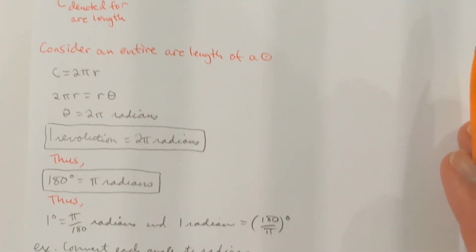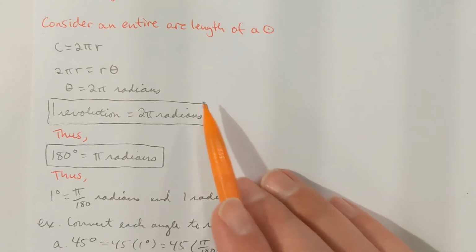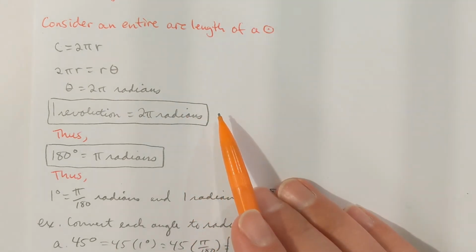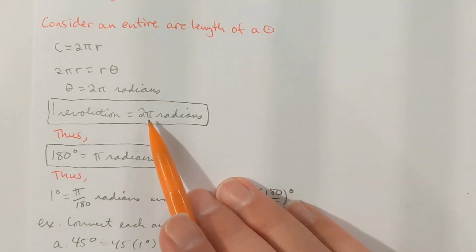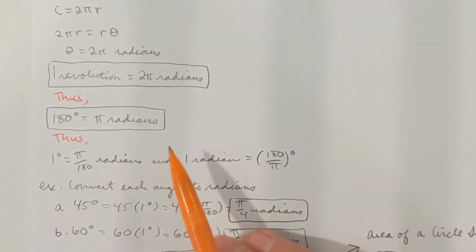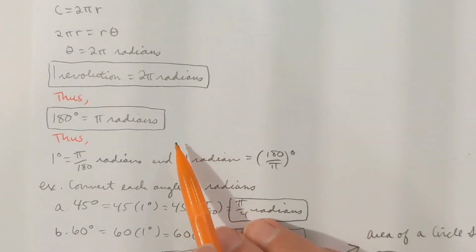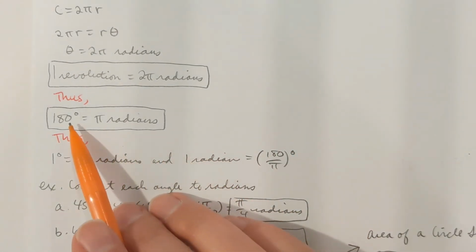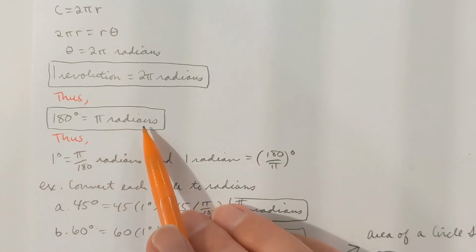Okay, now what that means to us is that 1 complete revolution around the circle is 360 degrees, but that is also the same as 2 pi radians. Half the distance around the circle would be 180 degrees, which would be pi radians.